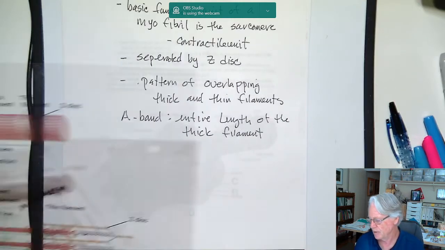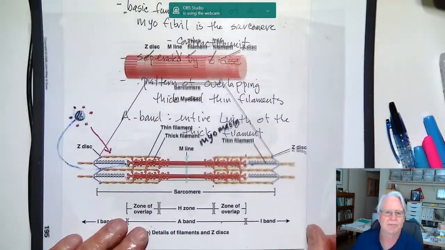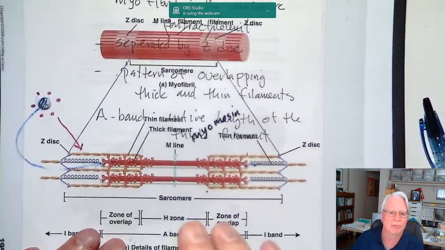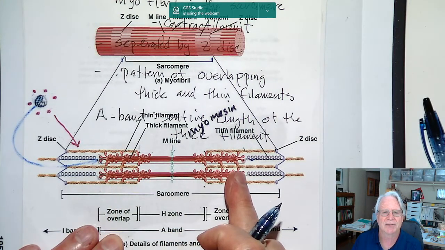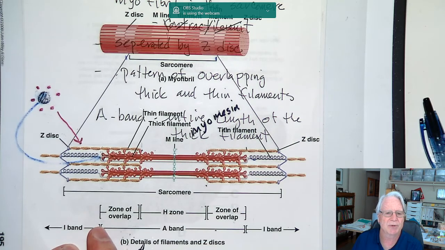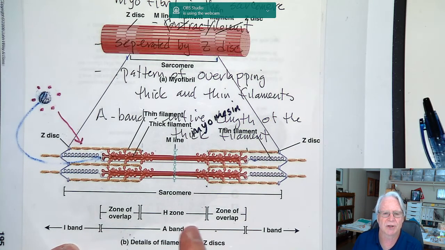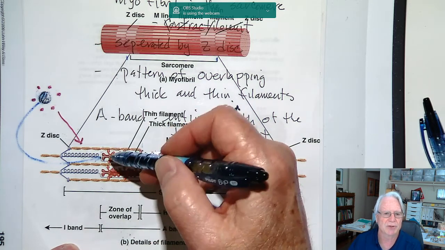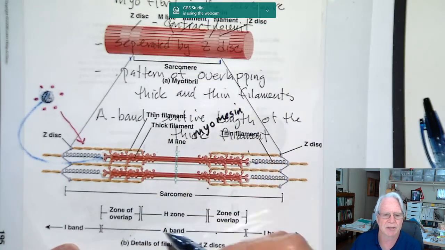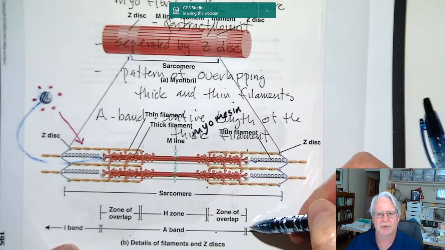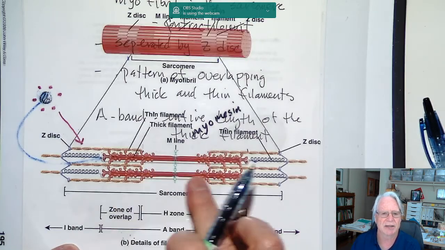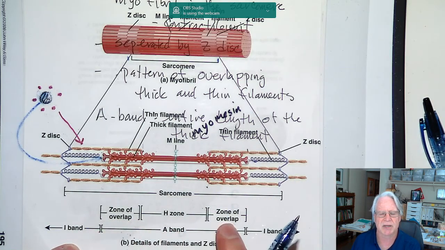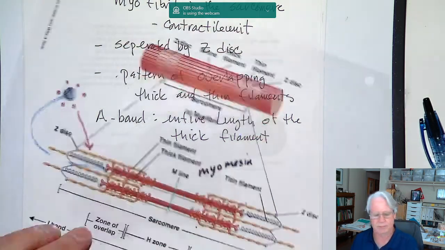So here, coming back to our image, the entire length of the thick filament represented by this term, the A band. So if I were to draw a line straight down here, it would connect up from this edge to this edge, the entire length, A band. Okay.